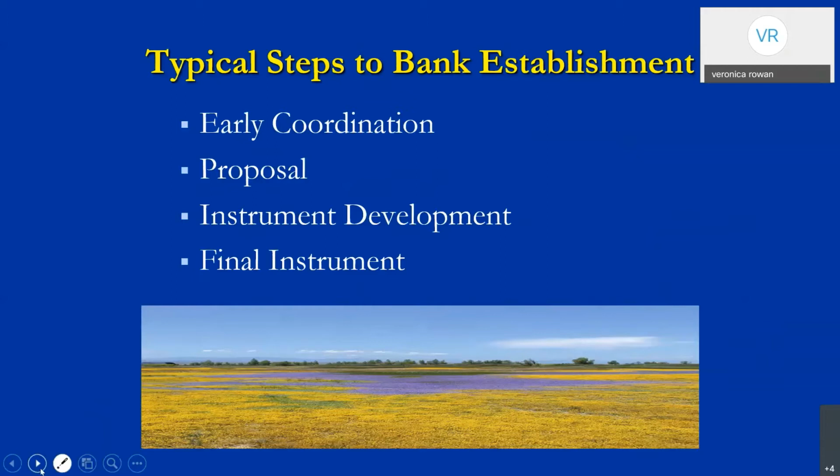This is more just an overview of how the process flows. Just one note here in the second bullet point, we generally like to call this portion of the proposal, in the 2008 mitigation rule from the Army Corps of Engineers, that's actually the prospectus. So this process is actually analogous to what you would find in the 2008 mitigation rule.